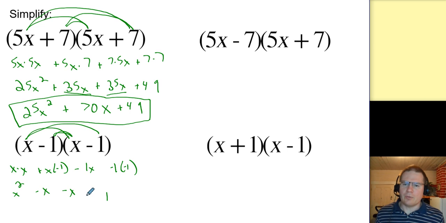Negative times negative is positive here. So I've got negative 1 times x, negative 1 times x. I don't even know which one is which, and it doesn't really matter. I'm doing negative 1 times x twice. So if I double 1, I get 2, plus 1.